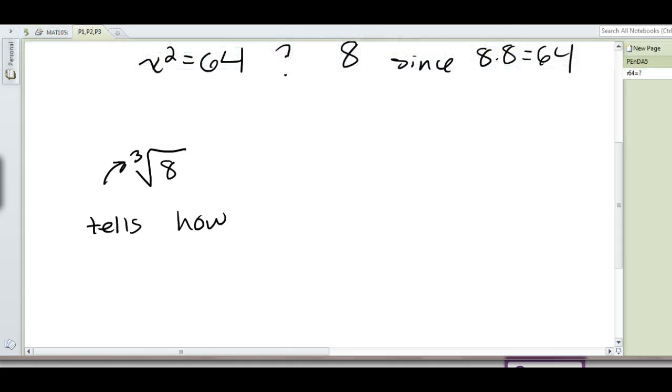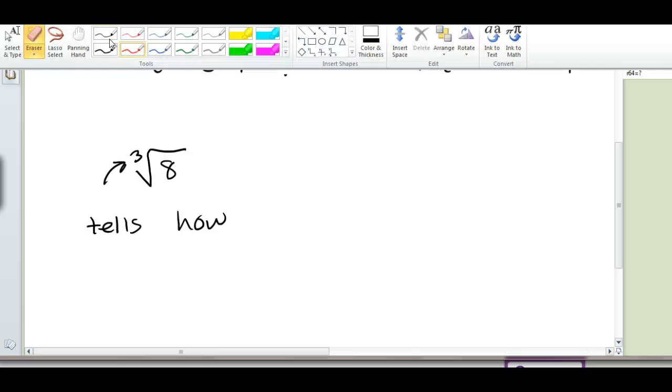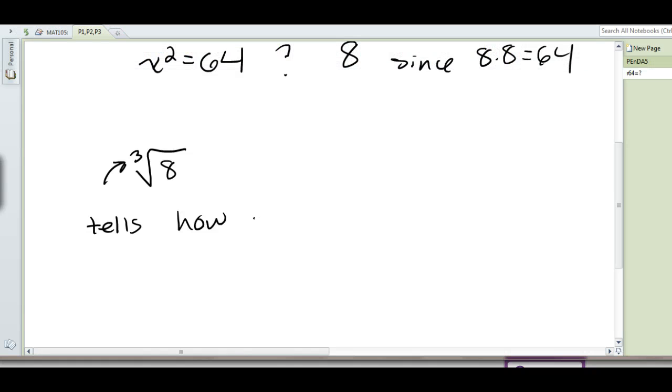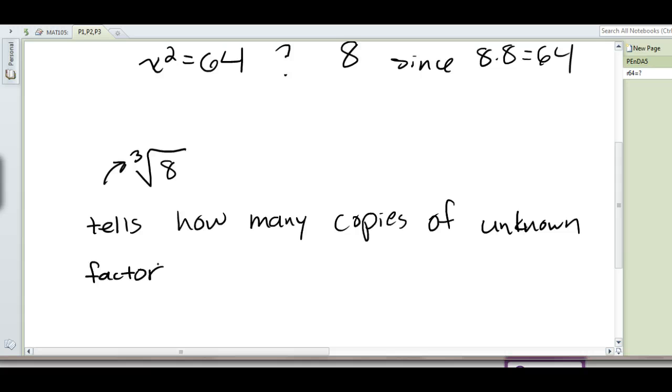So this would be saying how many copies of the unknown factor equals 8.